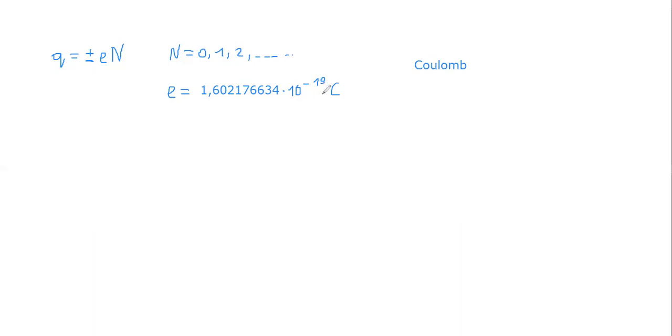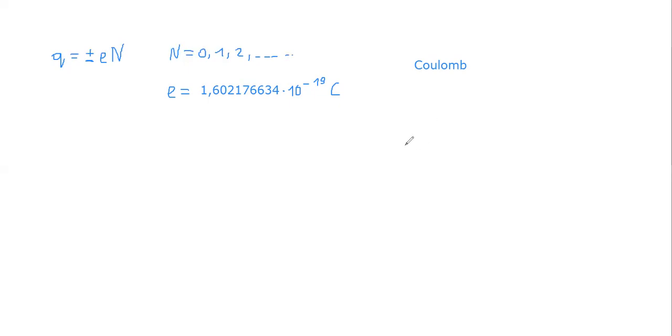C is the first letter of his name, and it also means the unit of electric charge. Units of electric charge are named after this scientist. Units are coulombs, and because of this we have the letter C for units of electric charge.